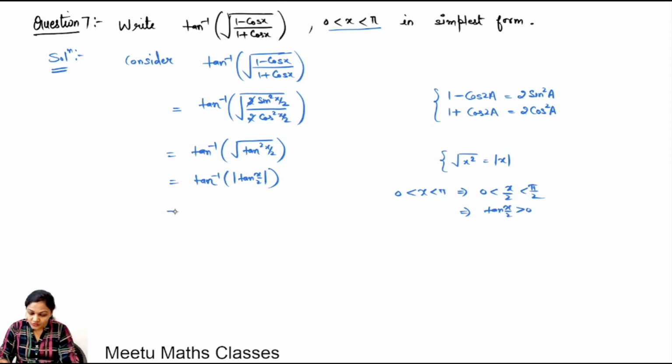So this can be written as tan inverse of tan x by 2 only. Now since x by 2 lies between 0 to pi by 2, which is in the range of tan inverse, so hence invertible, and your function is equivalent to x by 2.